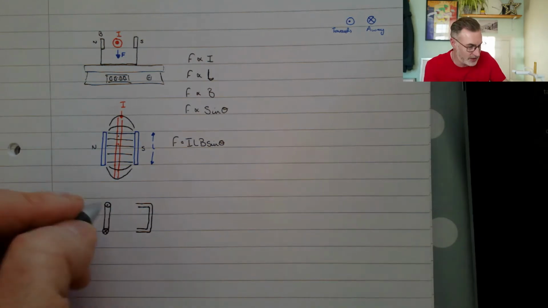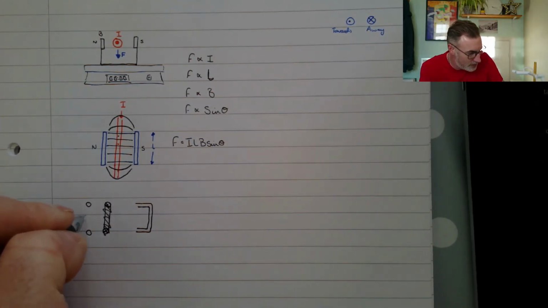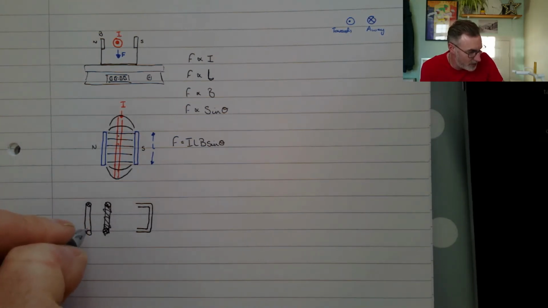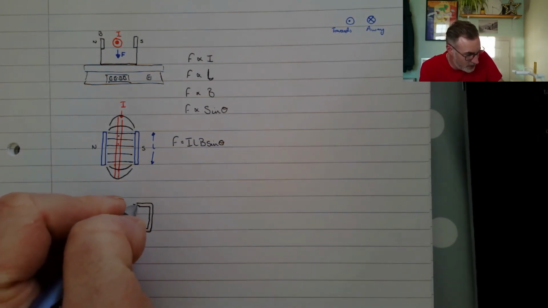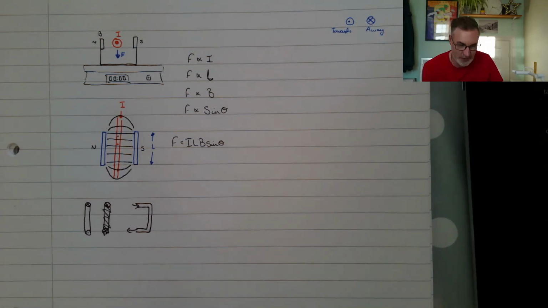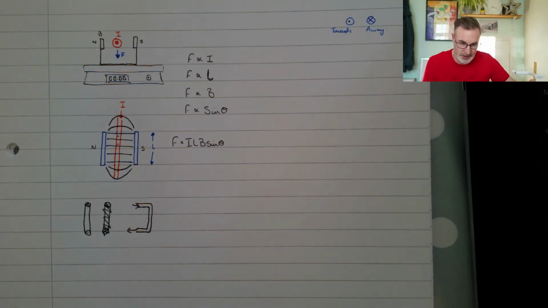But actually, let's just change that. Right, okay, so what are we saying? This is going down. The current is going down that way. This is coming up. We're having a dot here. Right, so it's coming down, going along, and then it's coming back up. All right, okay. I hope you're still with me.